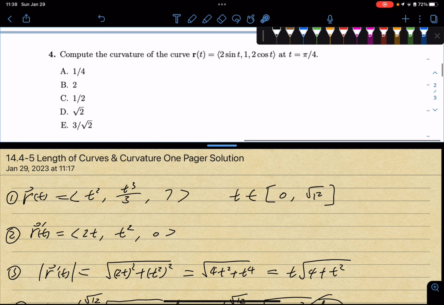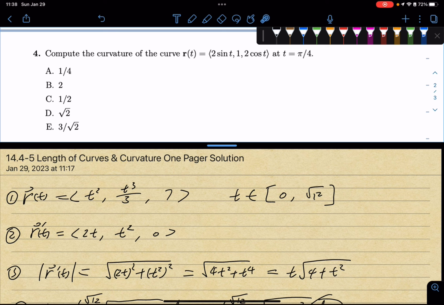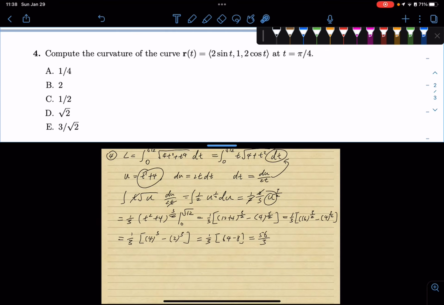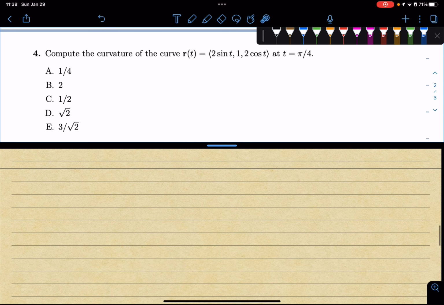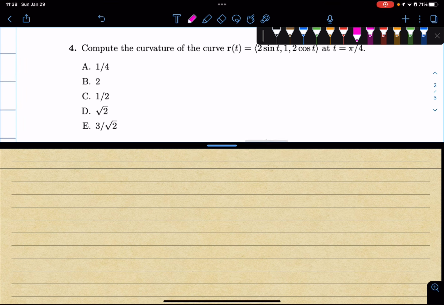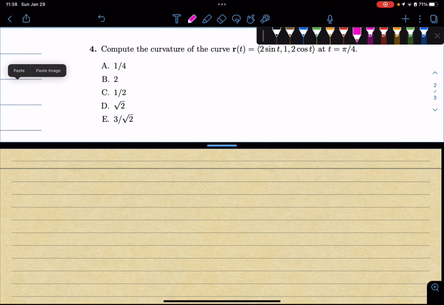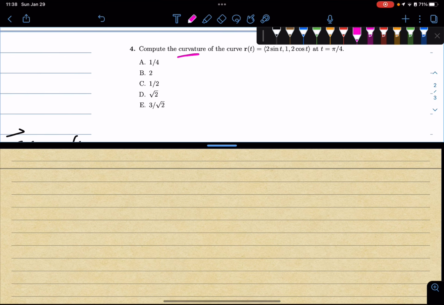Find the curvature of the curve at t equals pi over 4. Okay, so I think everybody can understand that this is a curvature problem because, well, again, the question told you, right? Curvature problem.